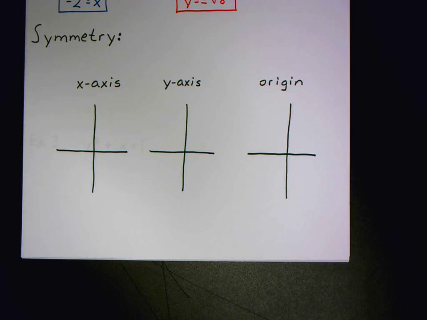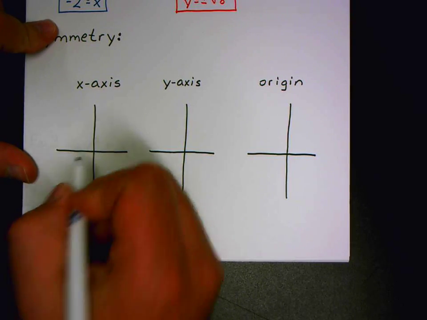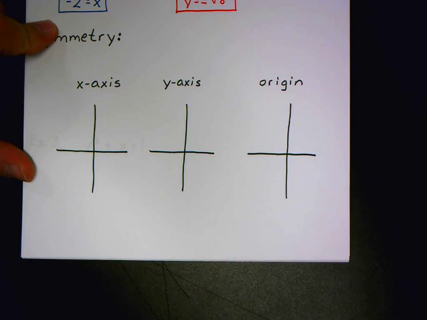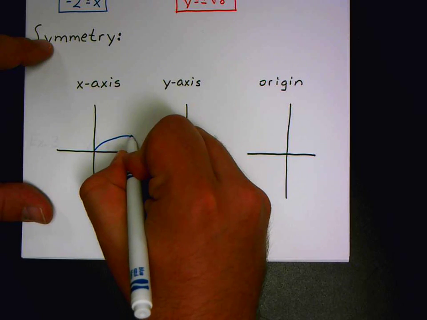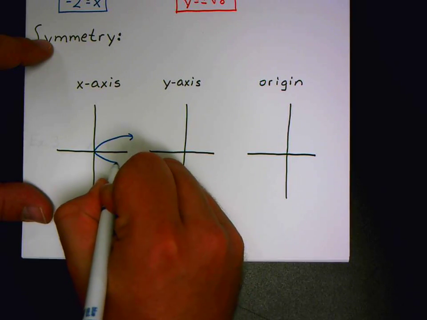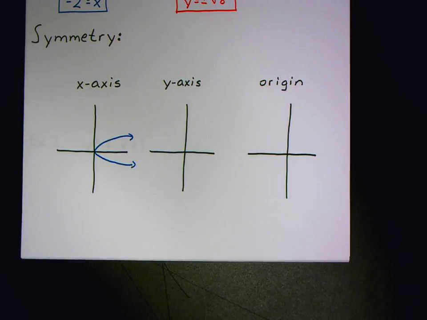Okay, x-axis symmetry means that it's symmetric across. If you fold it across the x-axis, it would match up. That's what x-axis symmetry means. So, for example, if we had a parabola with its axis of symmetry across the x-axis, along the x-axis.